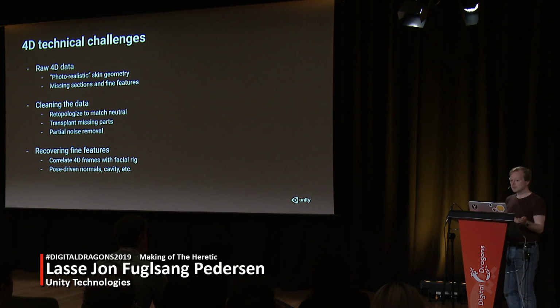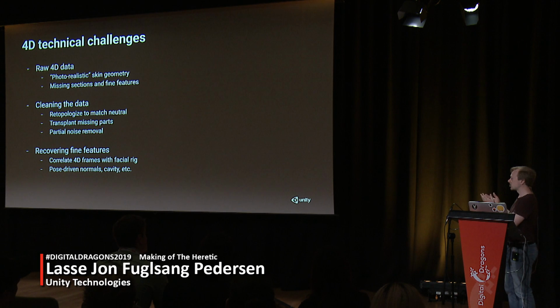But we were lucky enough to also work with a facial rig from a vendor that had these pose-driven activation masks and maps. So we thought, why not just correlate these individual clean 4D frames with the best possible fit in the facial rig. So that's what we did.